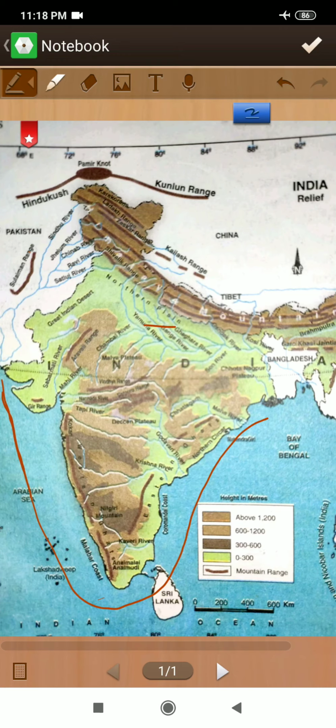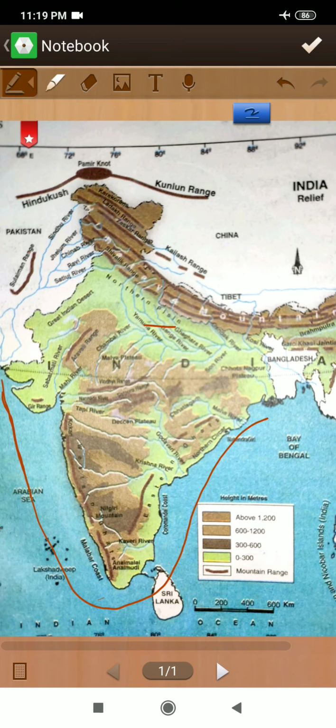Today we will discuss coastal plains. Coastal plains means the plains which are near the seashores or the coasts. These are called coastal plains. From Kutch to Odisha, the area surrounded by water is known as the Peninsular Plateau, and it is divided into western and eastern coastal plains.